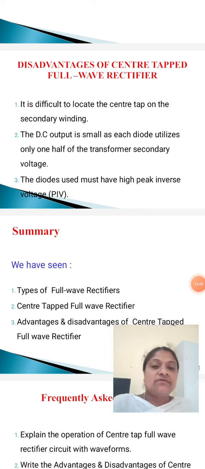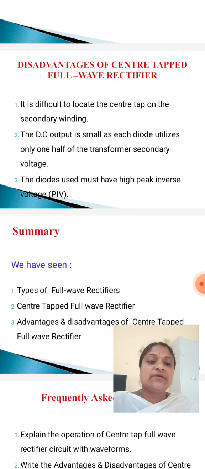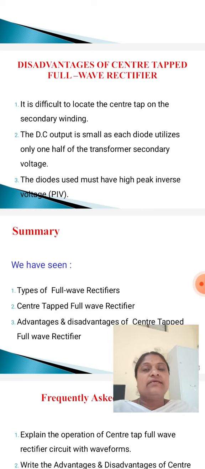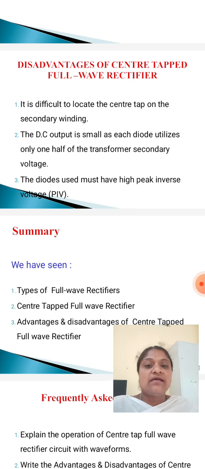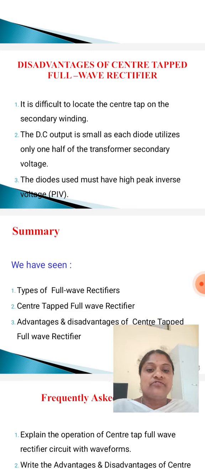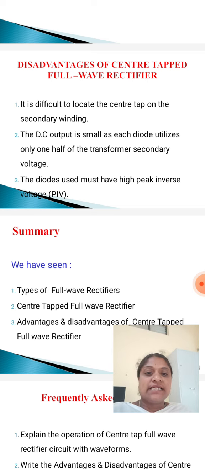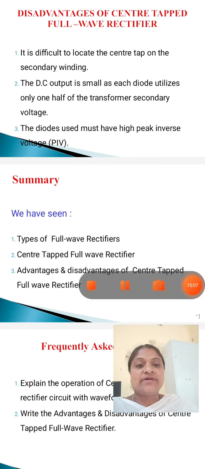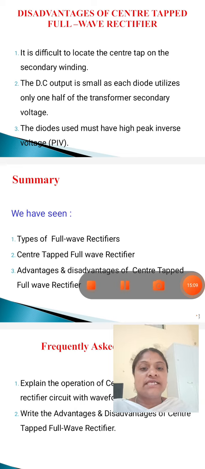So the center tapped full wave rectifier and its advantages and disadvantages are completed. Next, the summary of this presentation. We have seen the types of full wave rectifiers, the center tapped full wave rectifier, and its advantages and disadvantages.